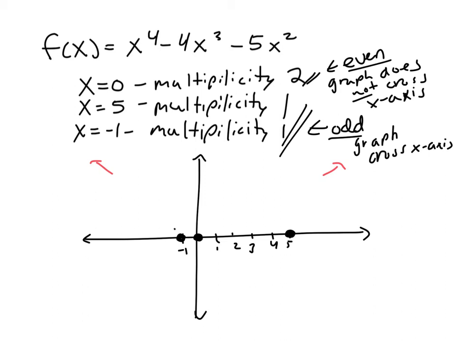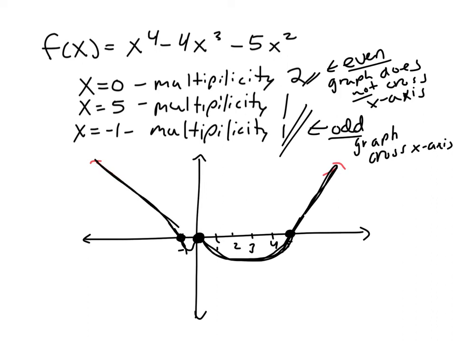So we're going to cross the x-axis at -1 and at 5. But at 0, we're just going to touch. So it's going to look something like this. We don't know how deep it goes, but we know the graph looks something like that.